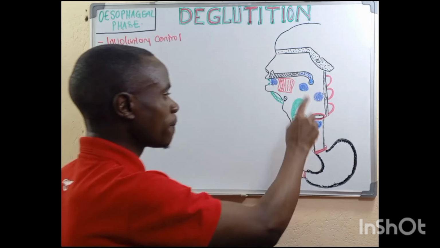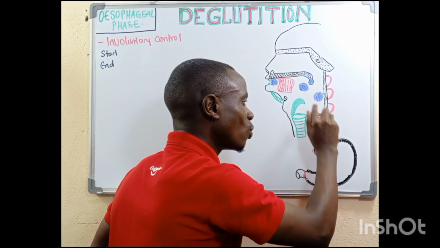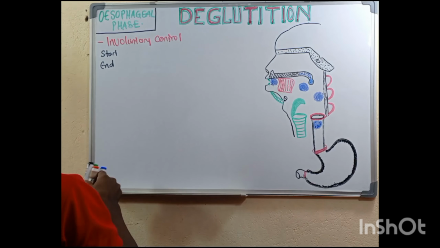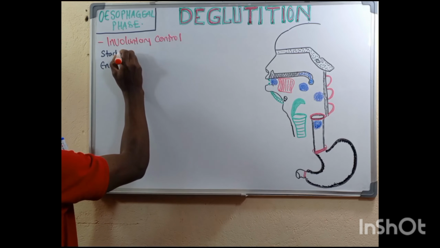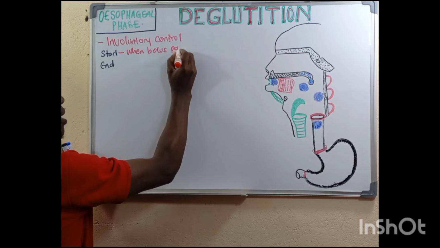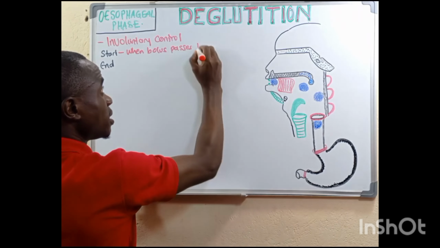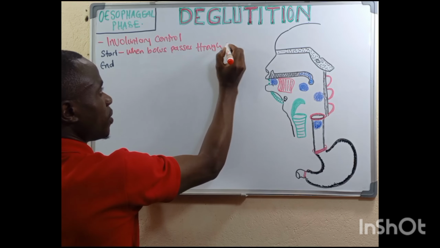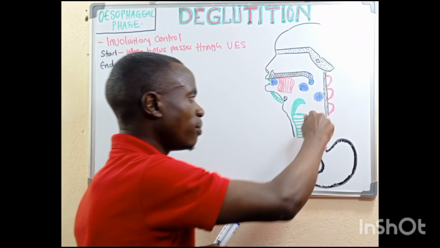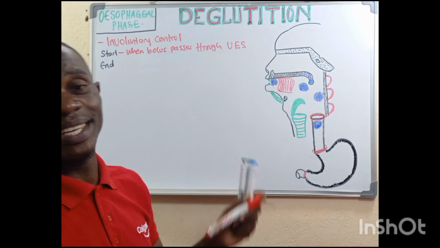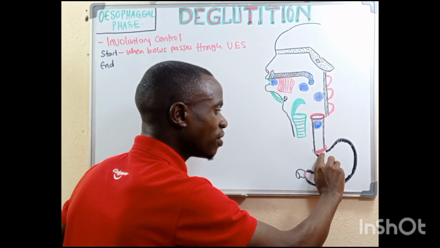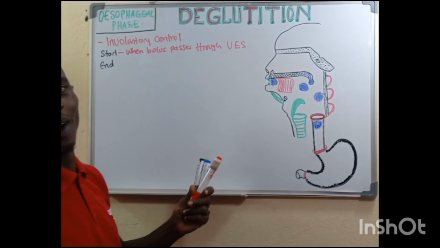The esophageal phase starts when the bolus passes through the upper esophageal sphincter. The moment the bolus passes through the upper esophageal sphincter, we start the esophageal phase, and it ends when the bolus passes through the lower esophageal sphincter.